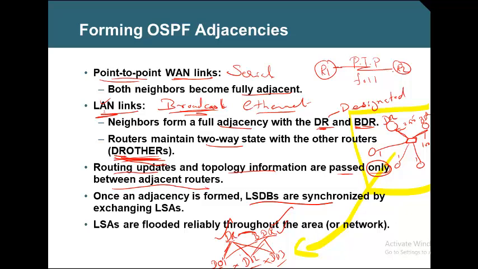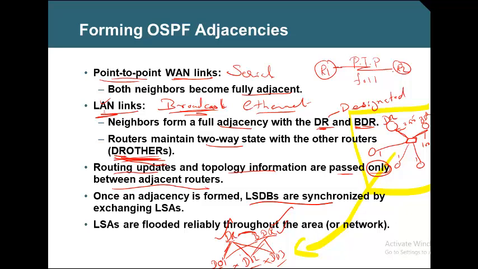It means topology information and routing updates are passed only between the routers that have got full adjacency. Once the adjacency is formed and the synchronization is finished, they form full state.